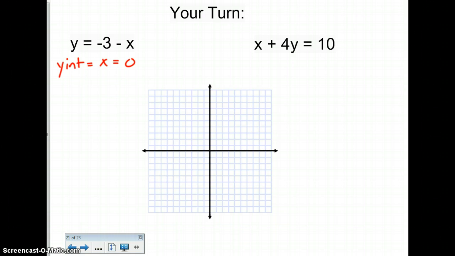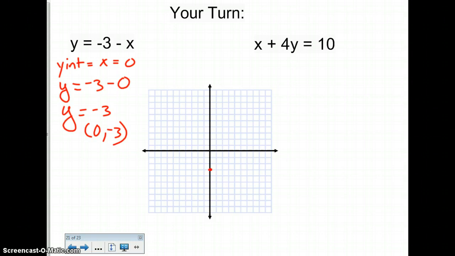So in this one, we're going to go y equals -3 minus 0. Solve for that. y equals -3. So we have the ordered pair 0, -3. 1, 2, 3, right about there.